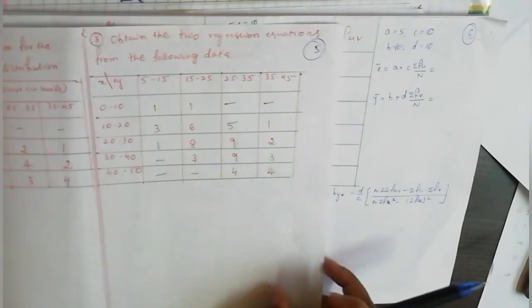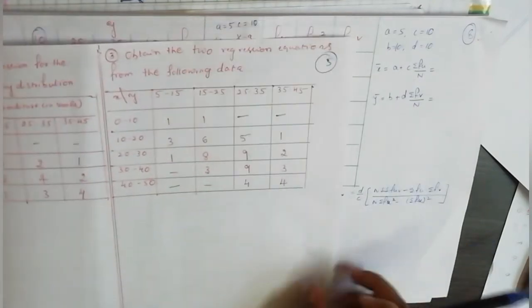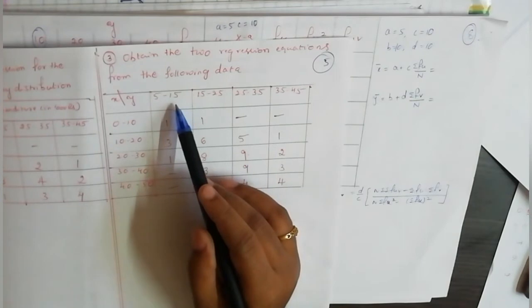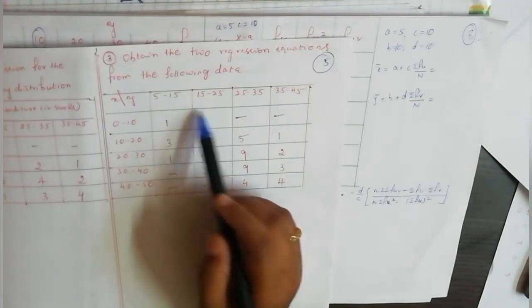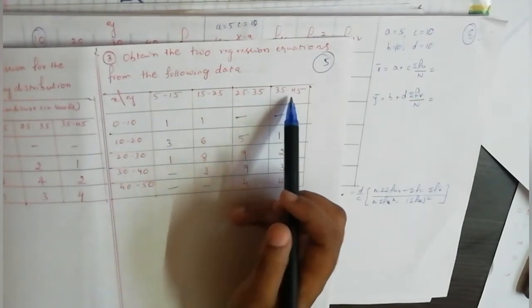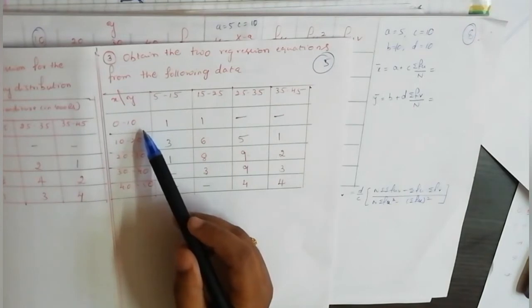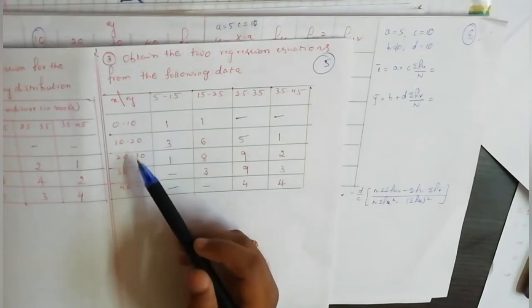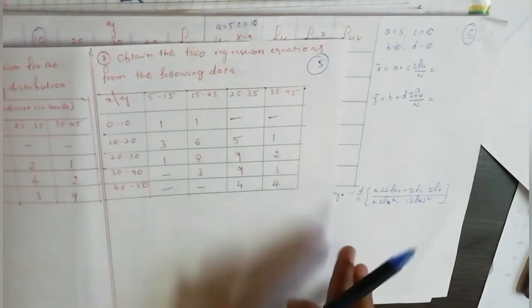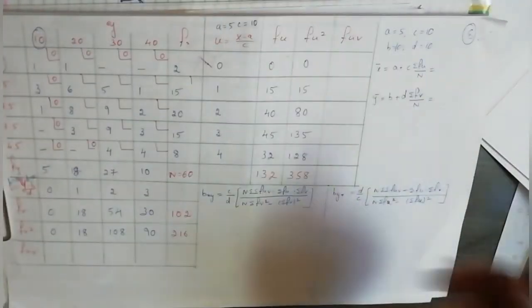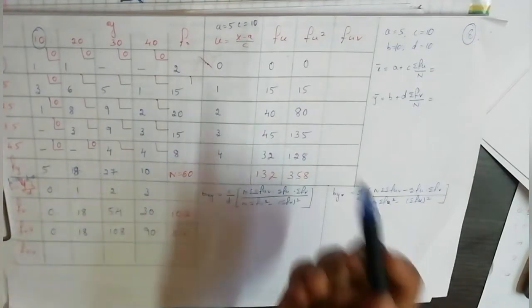Okay, so now again first we need to write the midpoints. So 5 to 15 and so on, midpoints will be 10, 20, 30, 40. 0 to 10 and so on, midpoints will be 5, 15, 25, 35, 45. Okay, that table I have already written students, and given values also I have written. Okay, these are the values, that is frequencies.